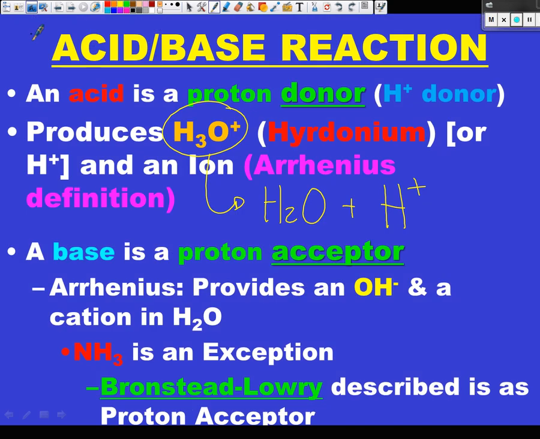So that's what makes an acid. A base is a proton acceptor. Now again, that is Bronsted-Lowry's definition. Arrhenius said it provides a hydroxide and a cation in water. But then we found ammonia, and Bronsted-Lowry said we've got to change it to a proton acceptor.